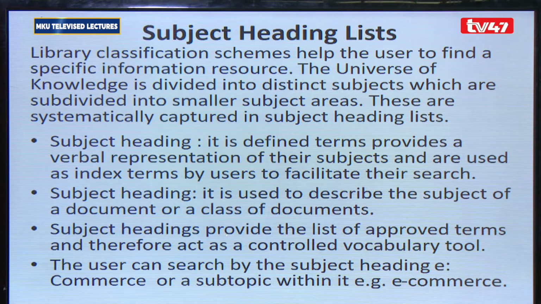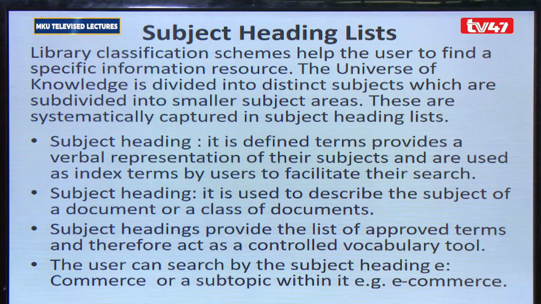Now, to assign subjects to information resource materials, you need manuals called subject heading lists. These subject heading lists give you the proper subject name to assign to an information resource material.